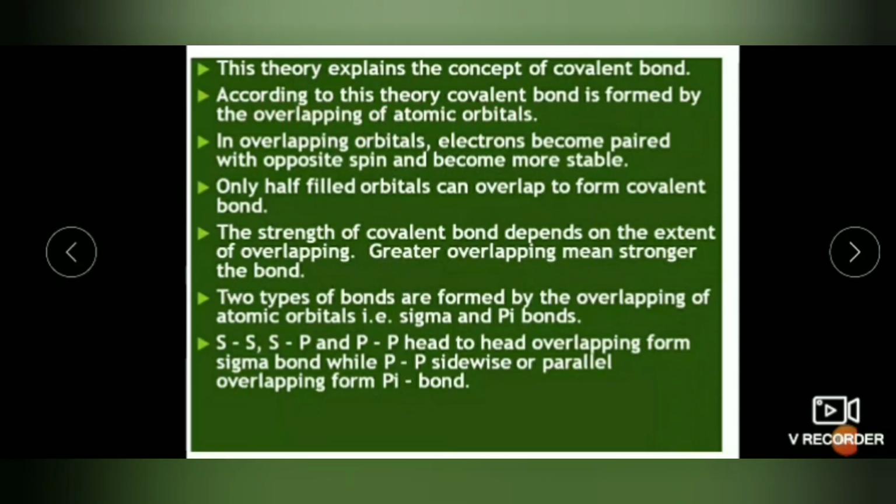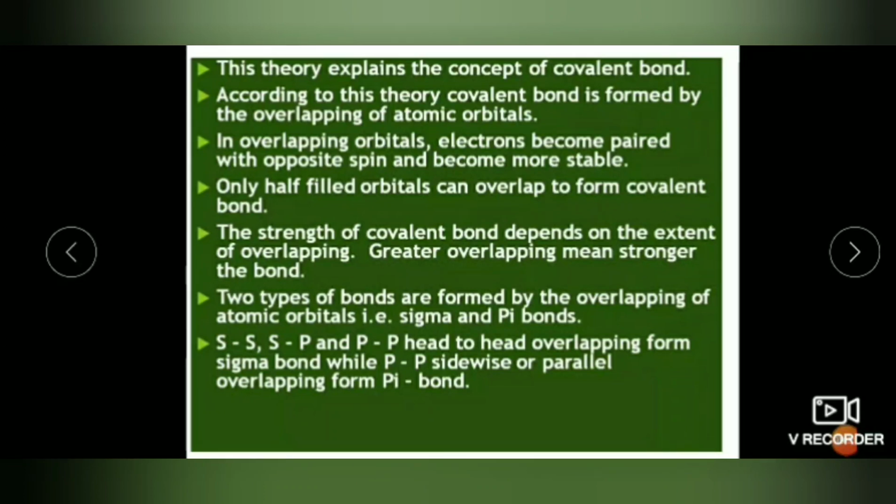Next postulate: overlapping of orbitals means electrons become paired with opposite spin and become more stable. If an atom or orbital contains an unshared, unpaired electron, it is unstable.